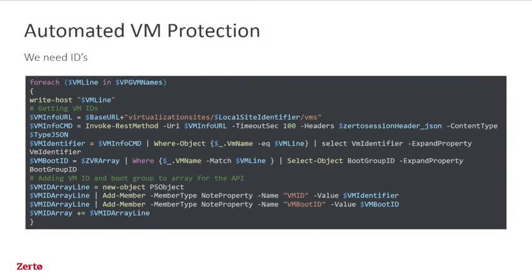So what we're going to do now is get that information and add that VM ID to the array, so I know both the name and the ID, because I need the ID to be able to create that JSON syntax. And do that for every VM, of course, that we have.